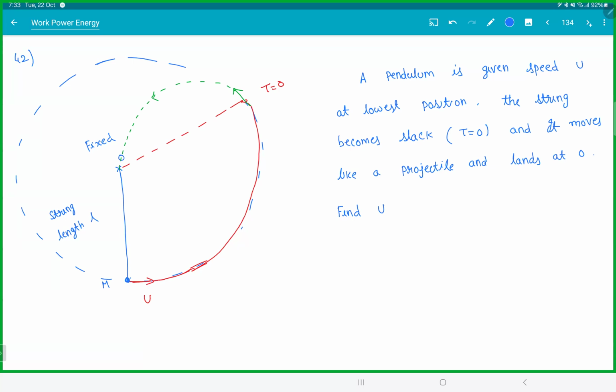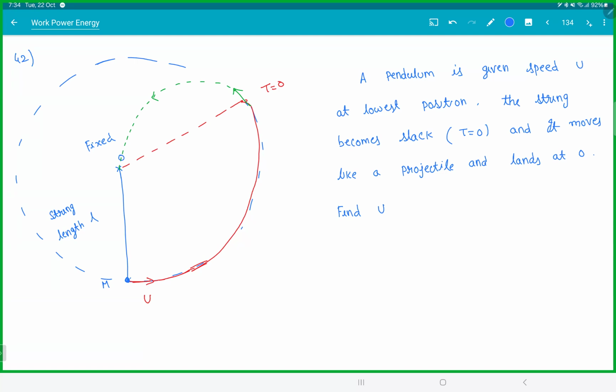Try. You know the drill. T is 0. Start with an FBD there. This is how they'll frame and advance my question.